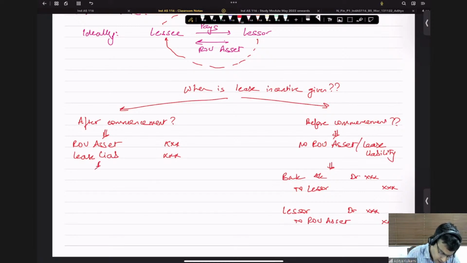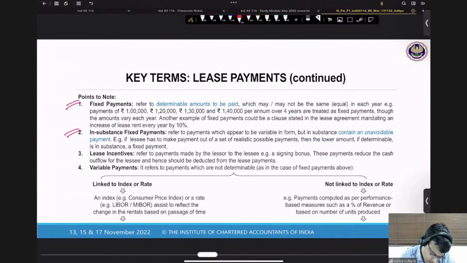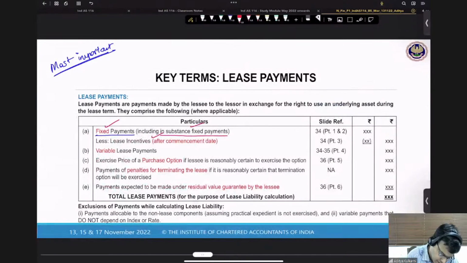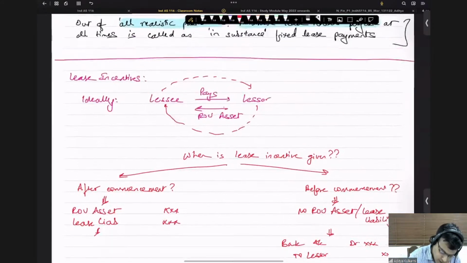Okay. Now coming to after commencement. Incentives reduce the cash outflow. If the lease incentives are payable after the commencement, that means what?